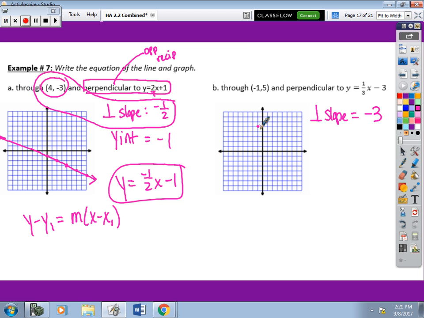Let me show it the other way for this example, in case you were wondering what I was talking about.